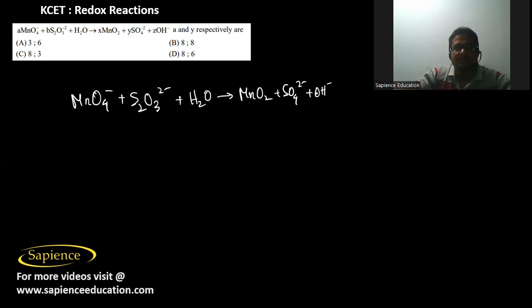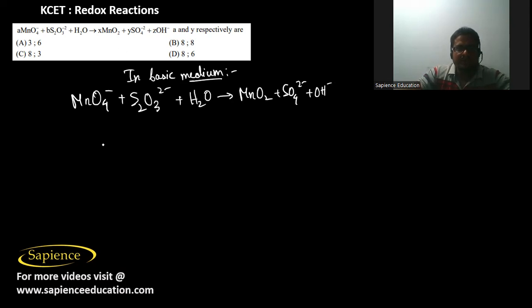So here simply it means that it should be balanced in the basic medium. So we have to balance it in the basic medium, since here OH minus, the hydroxyl ion, has been used.